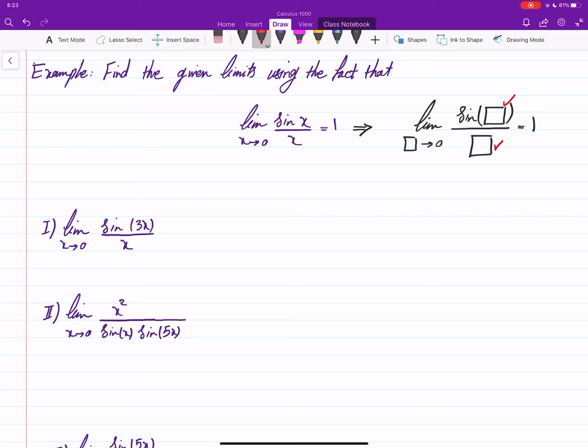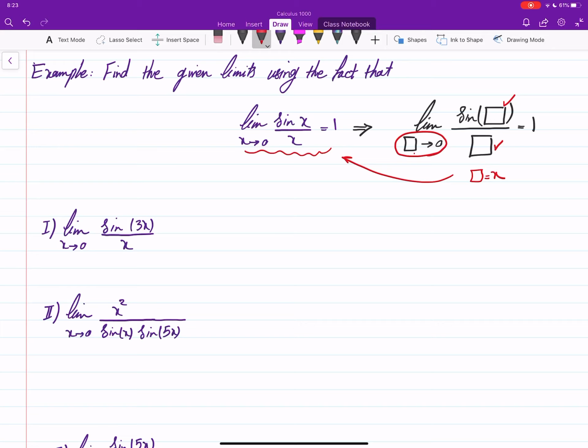And that thing is approaching 0. If you have that form, you can say that that limit, based on what we showed, is equal to 1. In other words, you can always do substitution. Let that box be your x, and then you have this limit.